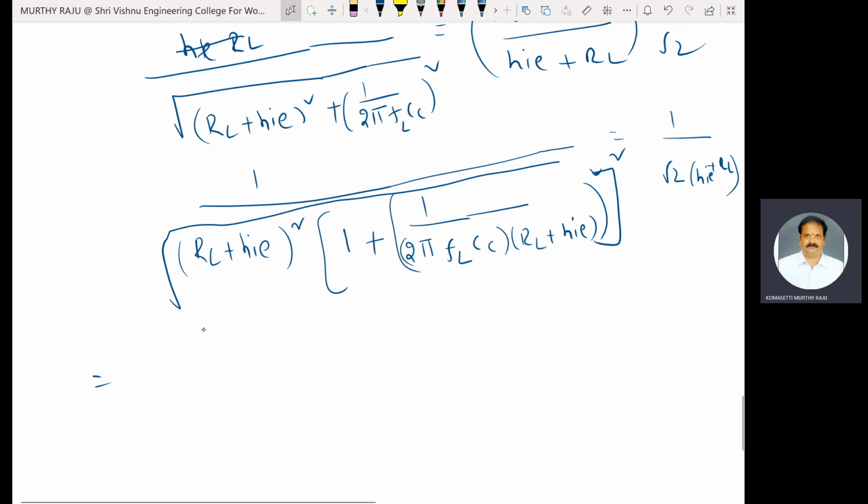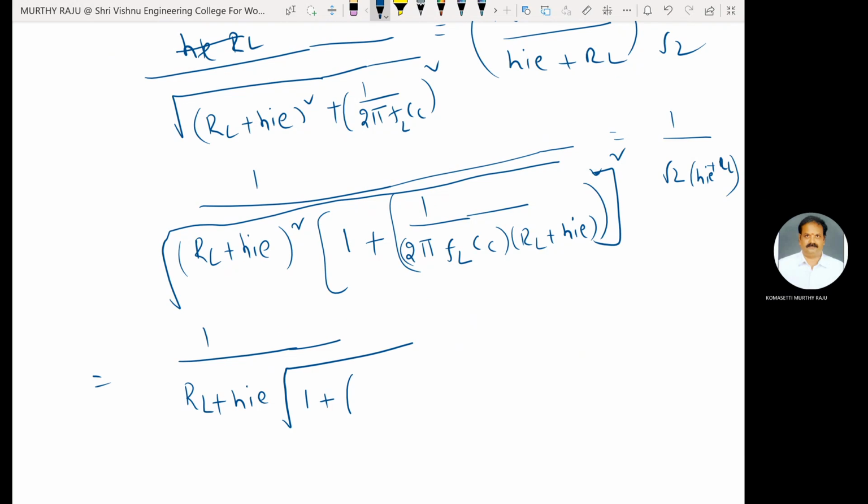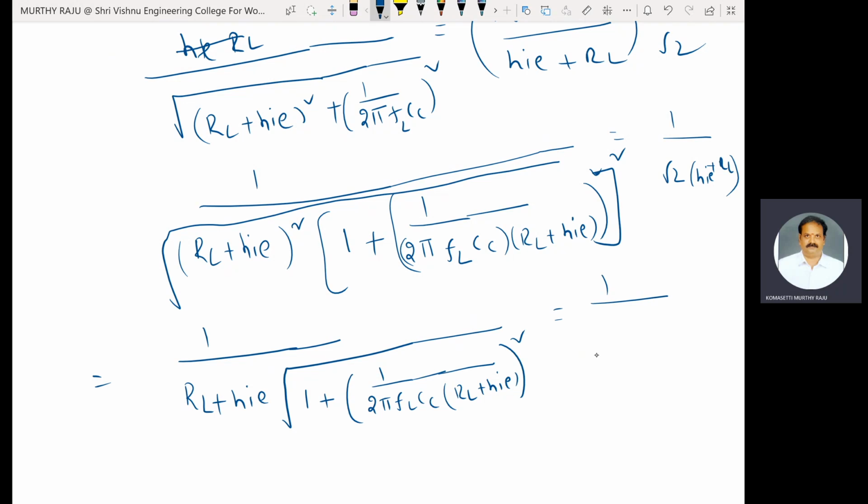This value is 1 by RL plus HIE and the square root of 1 plus 1 by 2 pi FL CC into RL plus HIE whole square. That is 1 by root 2 into RL plus HIE.